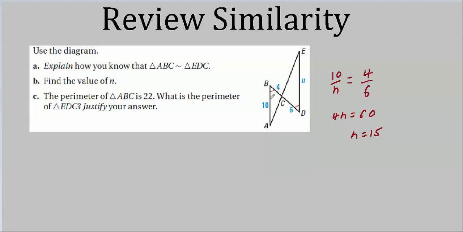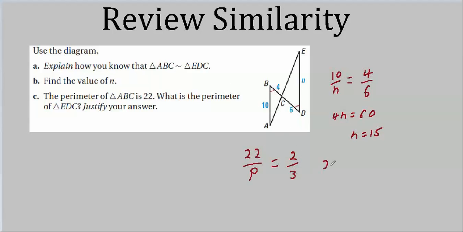So even if we didn't know what n was, we could figure this out because we still have this. In this case, the small perimeter, which is 22, over the perimeter we don't know, equals 4 over 6, or we could write this as 2/3.